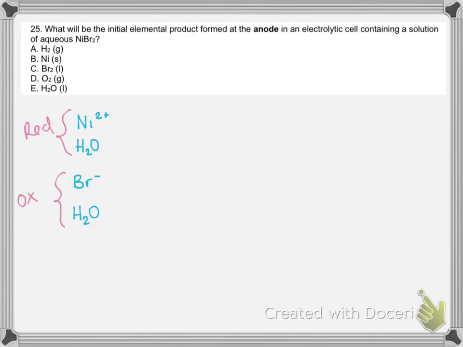We can write the nickel reaction: nickel gaining 2 electrons to form solid nickel, with a potential of negative 0.28 volts.